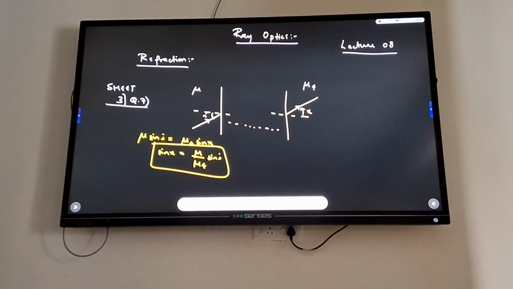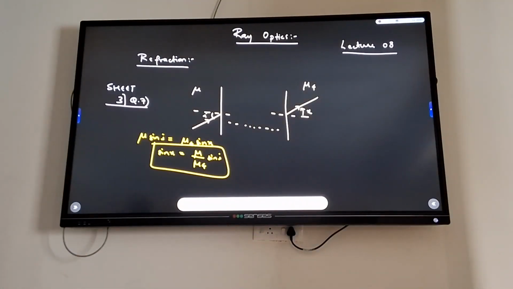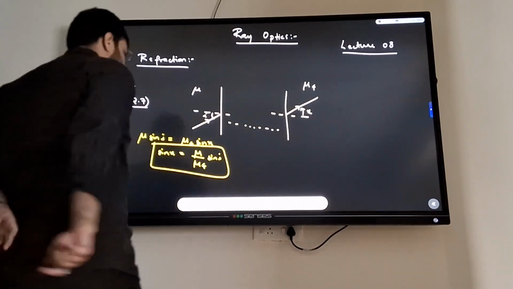Mathematically you are right. Should I start off with the question? A is correct. Okay then, I think the question number 8 is something like this.